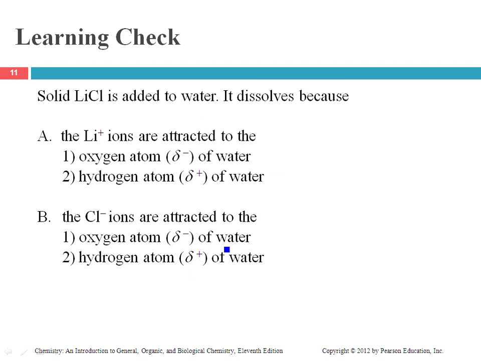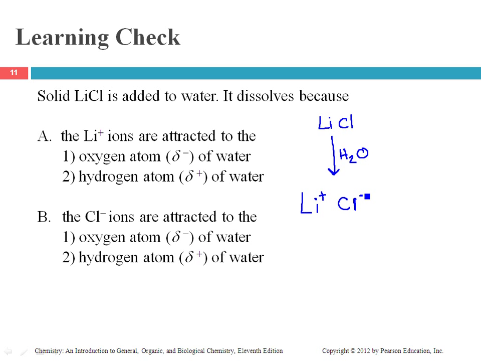If we were to look at lithium chloride in water, we want to discuss why lithium chloride will form a solution with water. If we placed it in water, it's going to dissociate to lithium plus. It's in group 1, so it forms a +1 charge, and chloride's in group 7, so -1 charge.